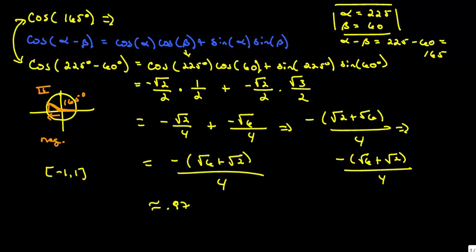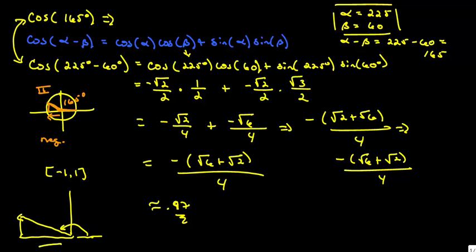If you think about that, this number looks pretty good, because 165 is a fairly flat angle in quadrant 2 as far as coming around this way.